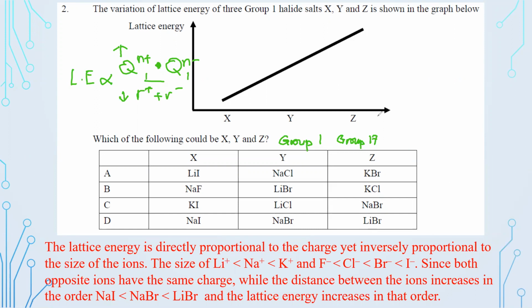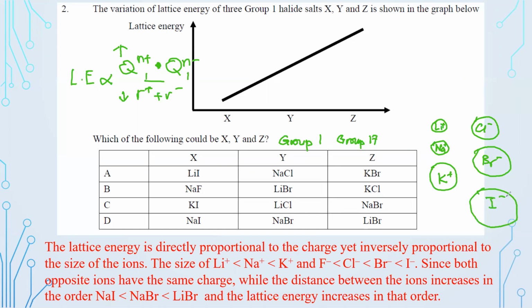Going down, lithium is the smallest, then sodium becomes larger, and potassium becomes larger. In group 17, Cl⁻ is the smallest, then Br⁻ is slightly larger, and the largest is I⁻. In terms of combination, which one will be the best selection? Looking carefully, LiI is small and large, NaCl is medium and small, KBr is this one and this one.